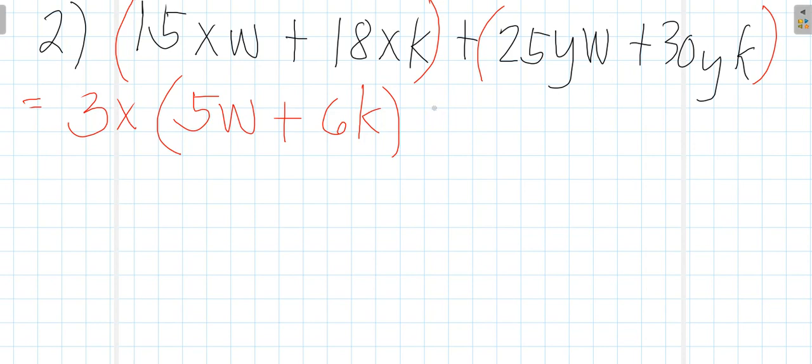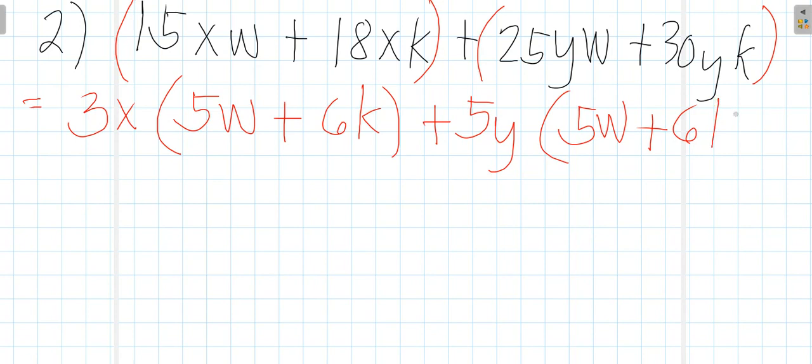Then plus, the common factor between 25 and 30 is 5. Then we have y. Then 25yw divided by 5y is 5w, and 30yk divided by 5y is equal to 6k.